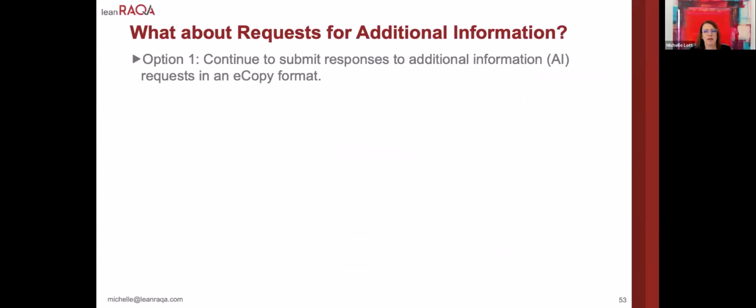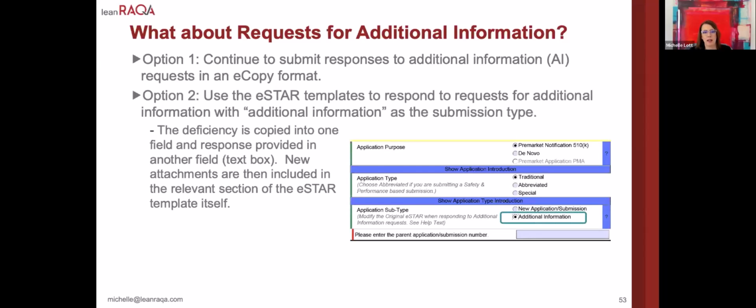So what about requests for additional information? Your first option is to continue to submit responses to additional information requests in an eCopy format. Or your second is that you can use the eSTAR templates and you just select, instead of new submission, additional information, and then copy the deficiency into one of the fields provided and the response into the other, and then new attachments.